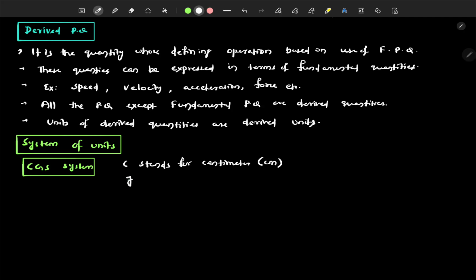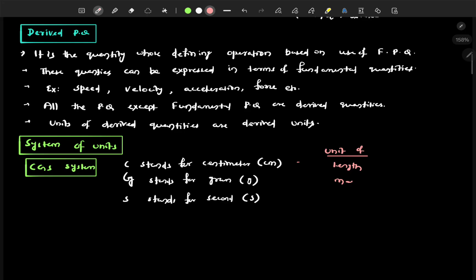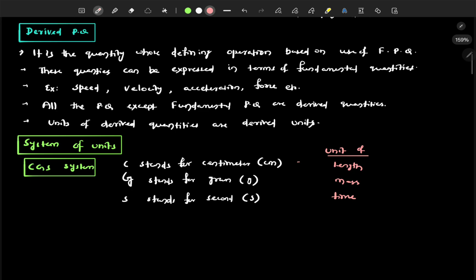G stands for gram, that is capital G. S stands for second, that is S. Remember, centimeter is the unit of length, gram is the unit of mass, and second is the unit of time. Yes, this is a very common part.